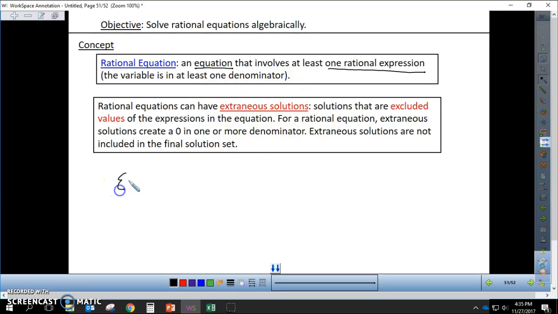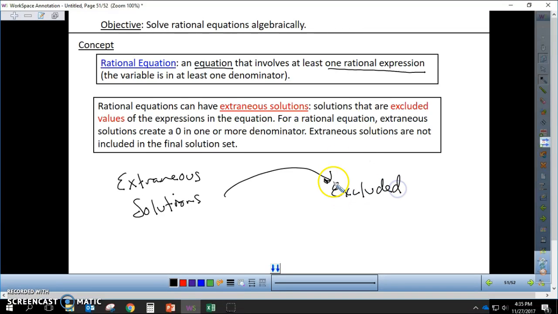And remember that these extraneous solutions are solutions, aka answers, that we plug in, and they are just excluded values that we do not include, because excluded values make the denominator a zero. And remember, we cannot divide by a zero.